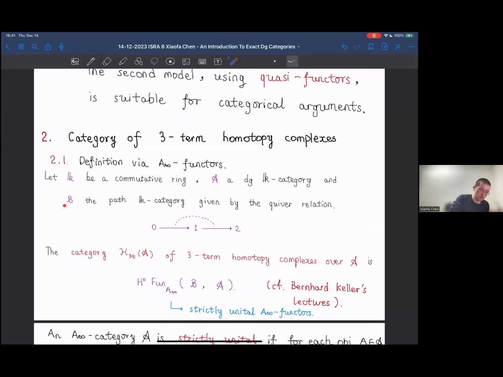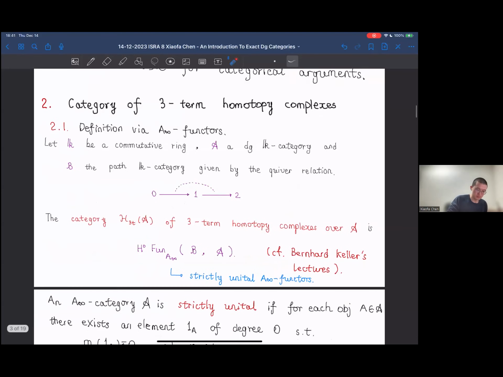And our category B is the path category given by the quiver with relation. So here we have three vertices, 0, 1, and 2, and arrows between them. And the composition of these two arrows is 0.